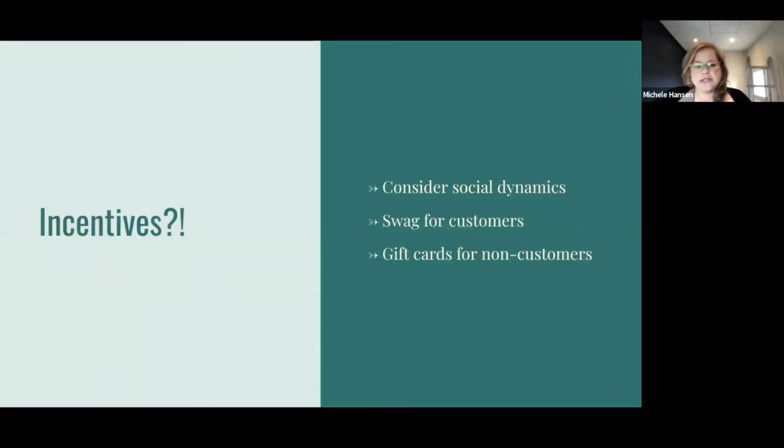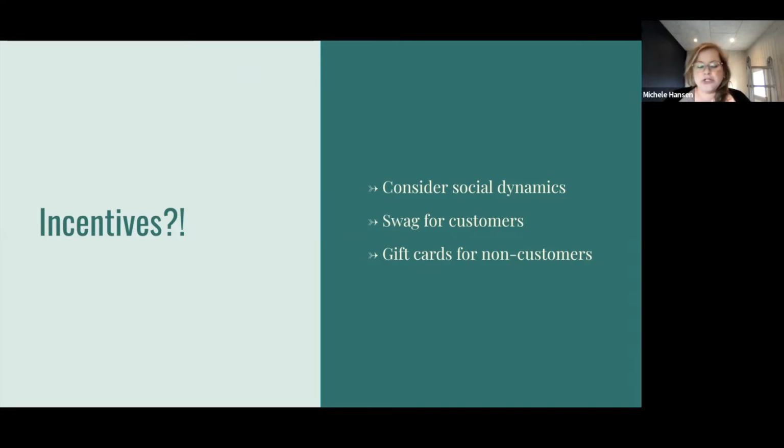So we mentioned incentives a little bit before. I think it's really important to think about the social dynamics going on. If you are interviewing someone that you have randomly found on the internet, they've talked about a problem on Reddit or Facebook or Twitter that relates to your product or a product you would like to build, and you ask them to do a phone call, they are doing you a favor.